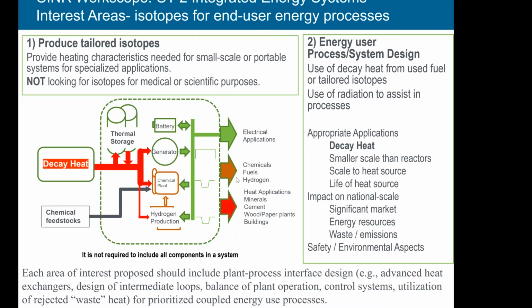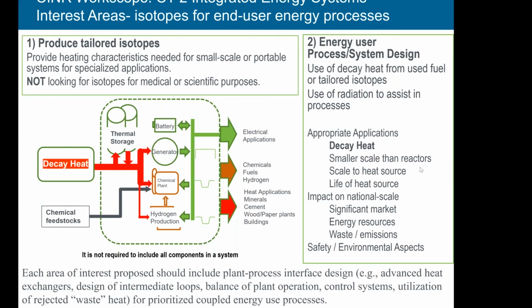That's not exactly shown here, but we are accepting applications to use the radiation for energy applications as well, potentially like radiation-assisted electrolysis, a concept we've thought about, for example. So we're really looking at appropriate applications for the decay heat.